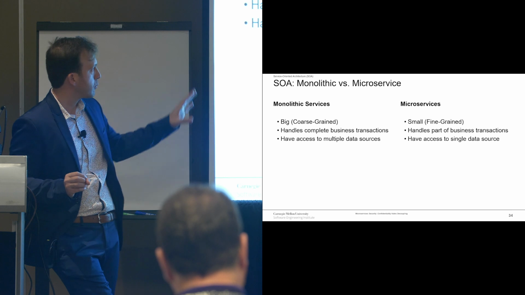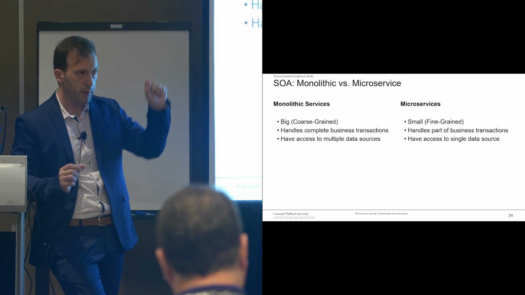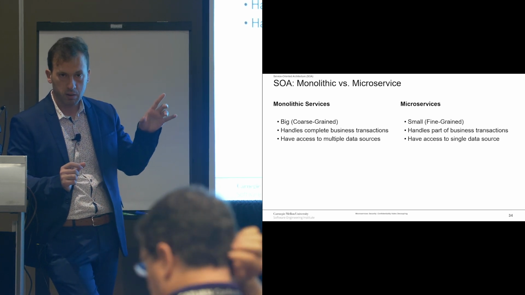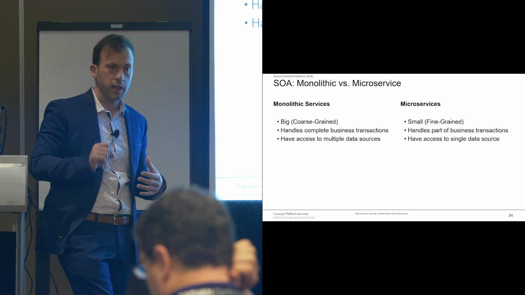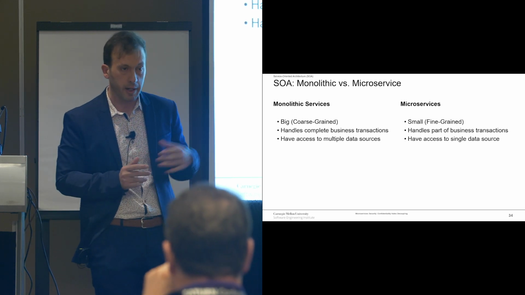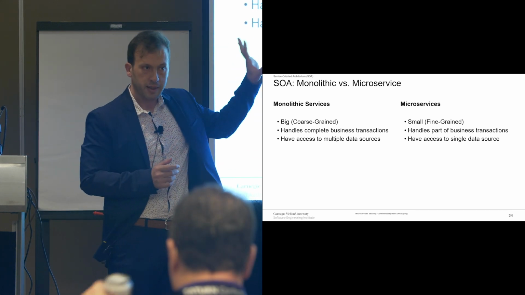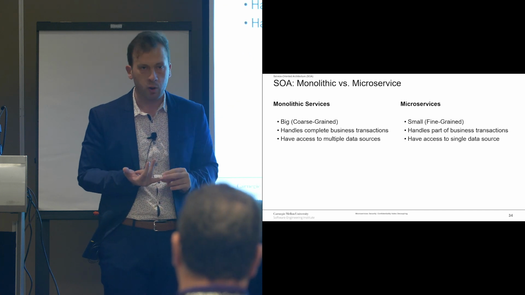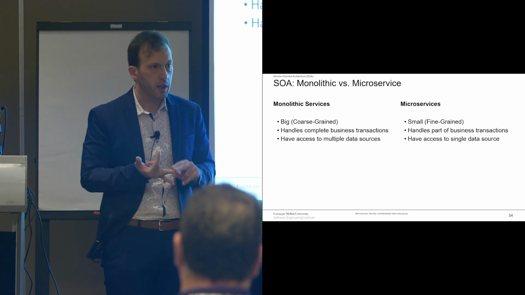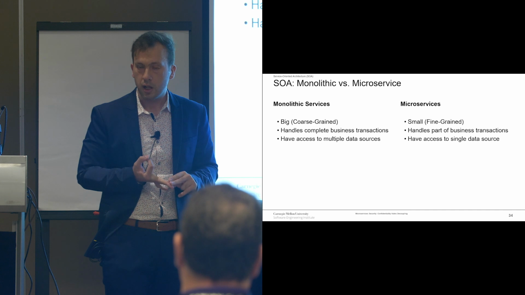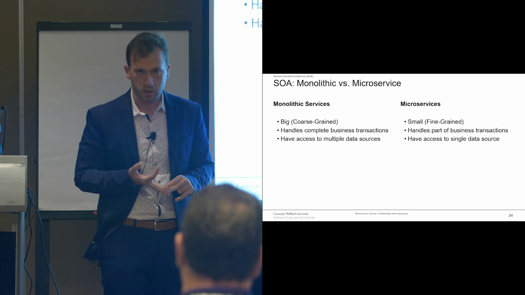For example, when I click on place order on Amazon, if I implement this place order as a monolithic service, this service will be responsible for payment processing, scheduling shipments, inventory control, and so on.